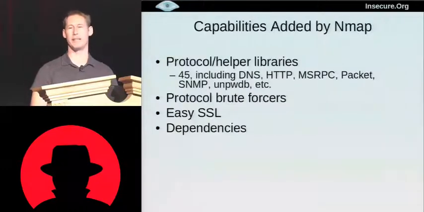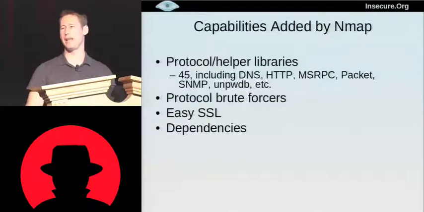So that's Lua itself. Now we'll look at what NSE adds to Lua in order to make it more effective for network scanning. We have protocol and helper libraries. The idea is that we want Lua to be easy to use, and so you can do things like make MSRPC queries and HTTP GET requests without getting bogged down in all the details of handling the specific protocol.